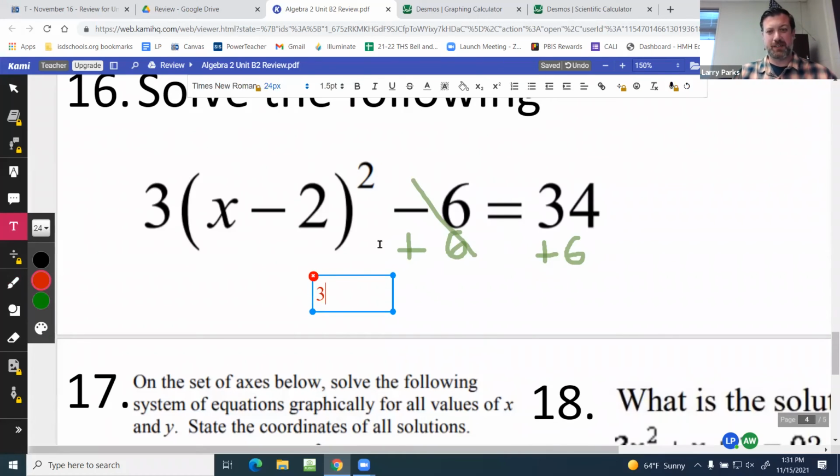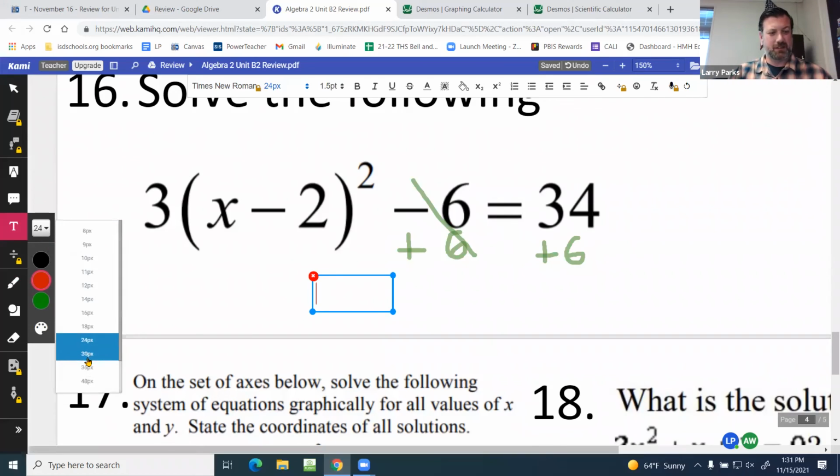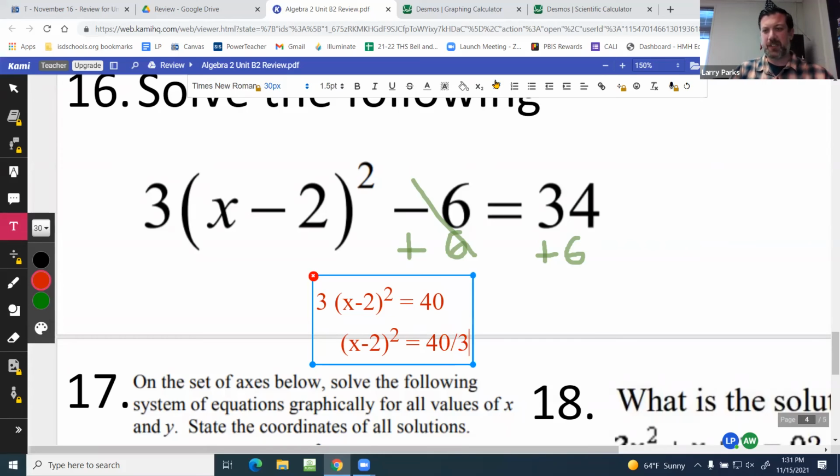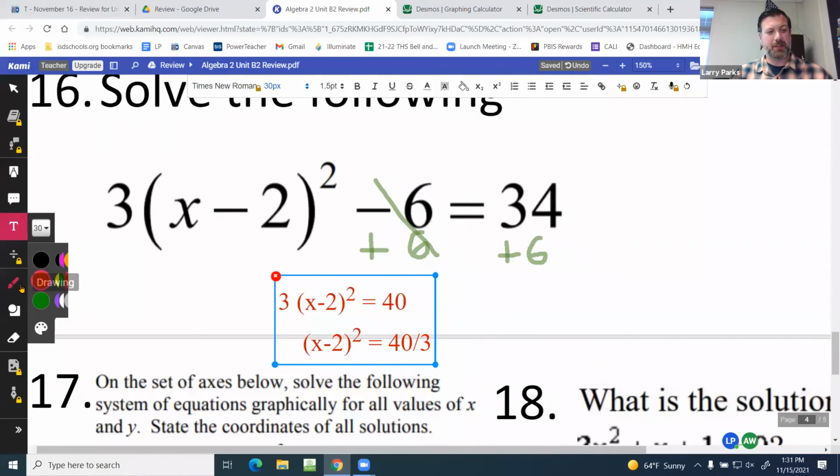You'd get 3 times x minus 2 squared equals 40. And then I would divide both sides by 3. And you get x minus 2 squared equals 40 over 3. And I'm just going to leave it as 40 over 3 since 3 doesn't go into 40. All right. And then I would take the square root of both sides.